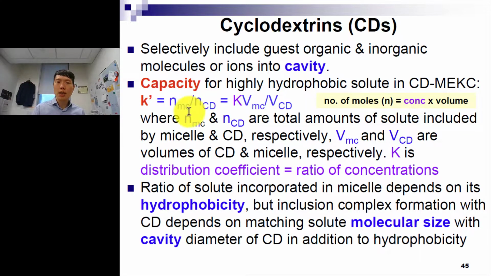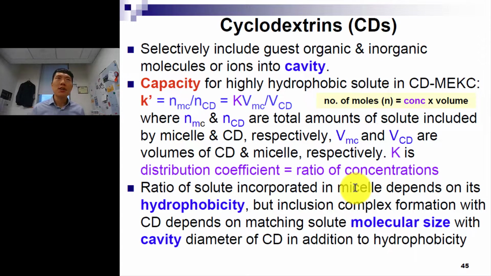And of course, you can always relate this to your K, the distribution coefficient, using the concentration here. So number of moles is equal to the product of concentration and volume.